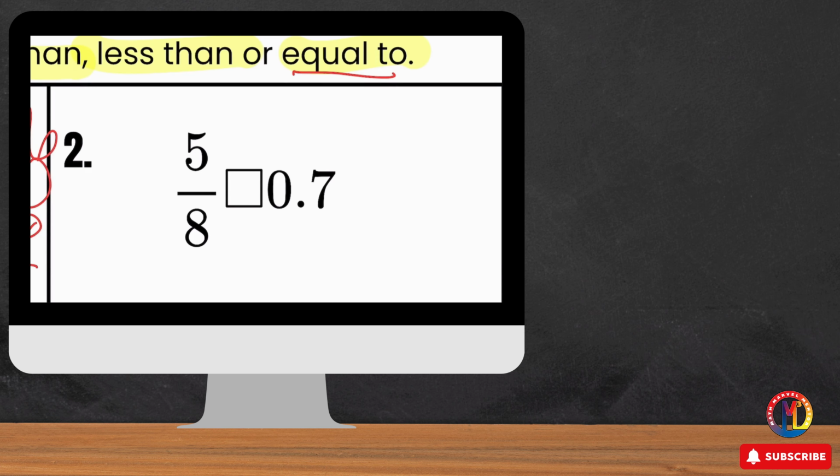So 5/8 versus 7/10. I'm going to convert 5/8 back as a decimal. So 8 goes into 5 0 times, but 8 goes into 50 6 times. 6 times 8 is 48.